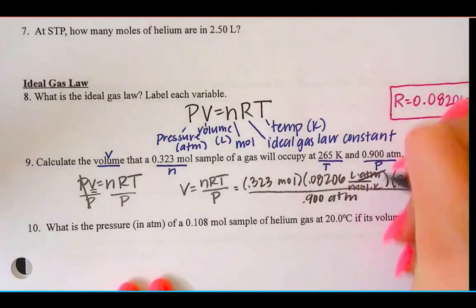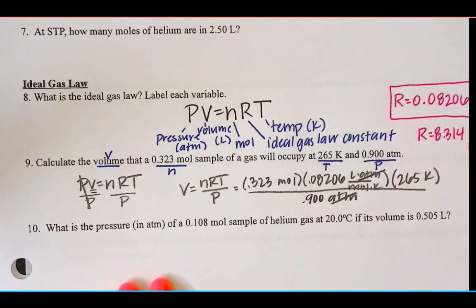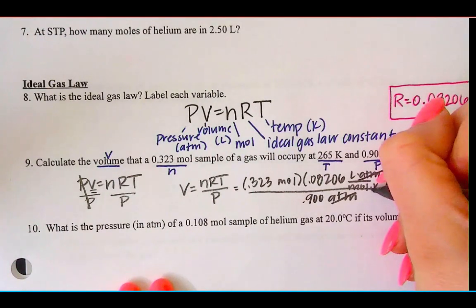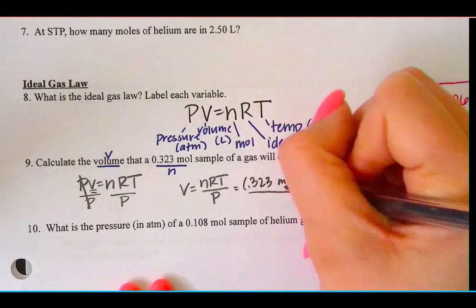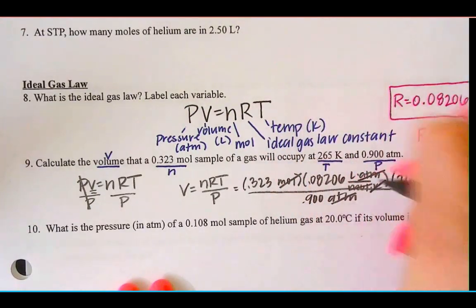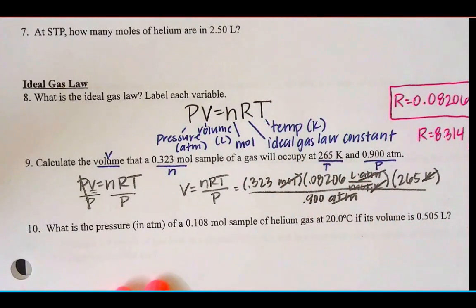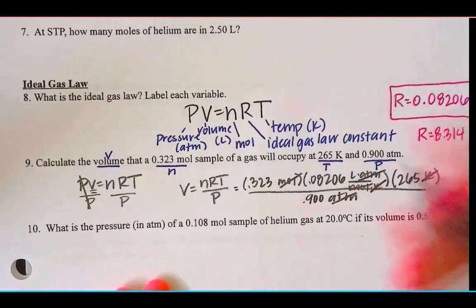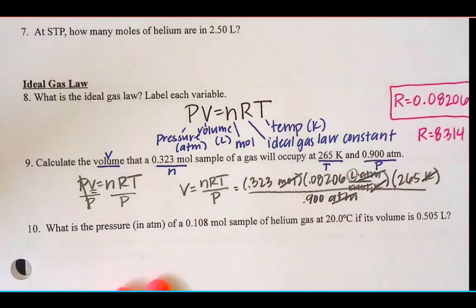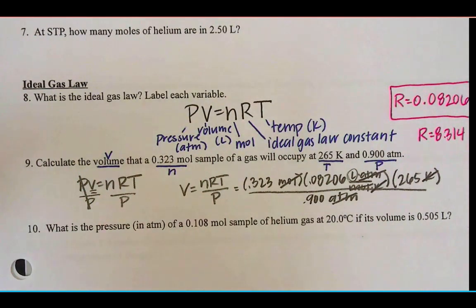You have atmospheres on top, atmospheres on bottom. That cancels. Kelvin will cancel with the per Kelvin in R, and moles will cancel with the per moles in the R. The only thing that we are left with is liters, which is why when we plug in and solve for volume in the ideal gas law, we get liters.